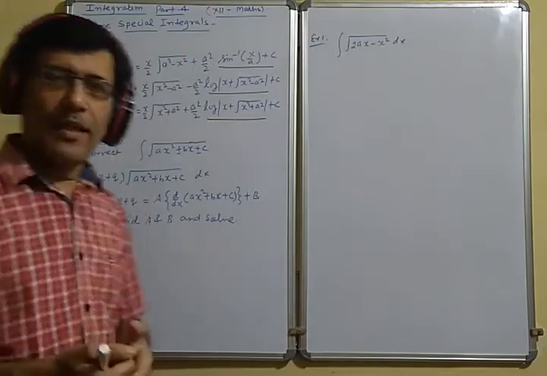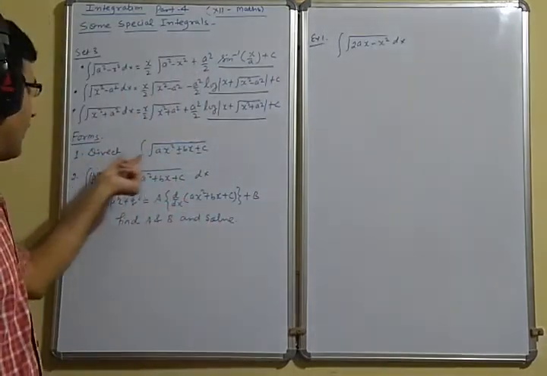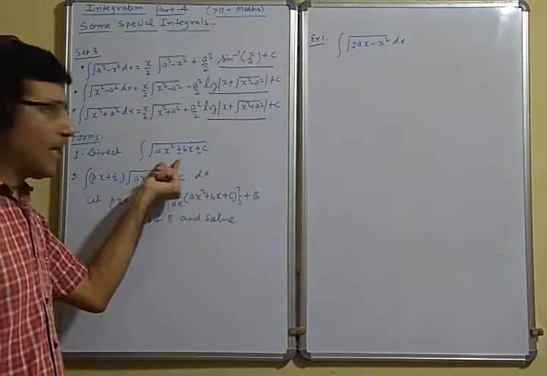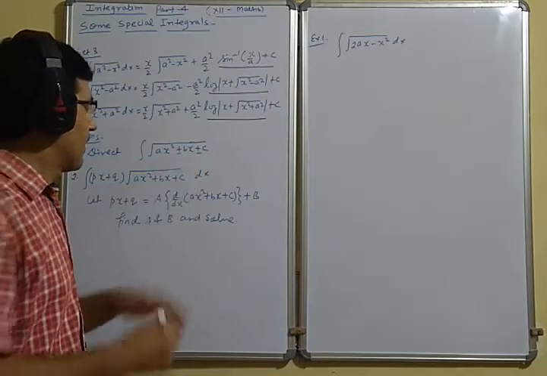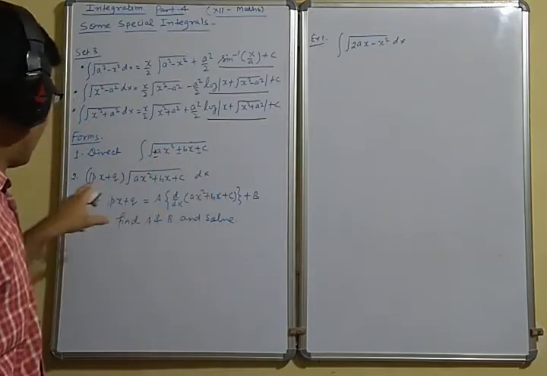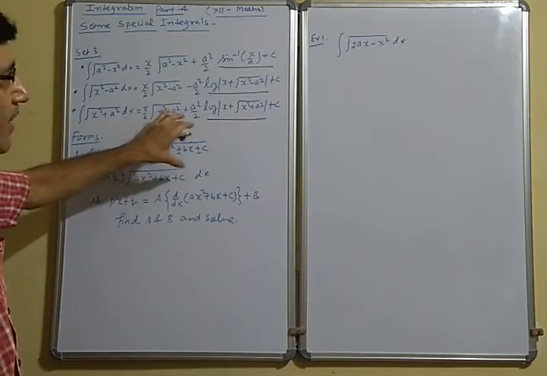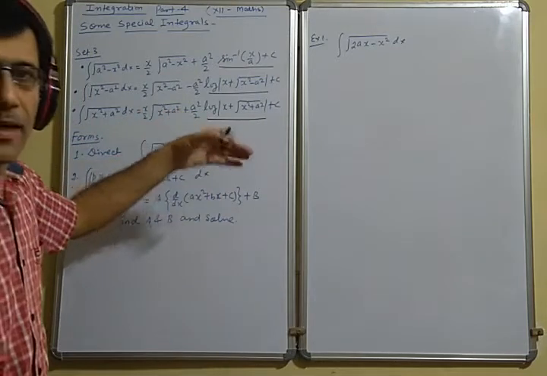Now once again there are two types of problems. The first one is the direct form, where we apply the direct formula. In the second, we have to convert it into the form and then apply the direct formula.